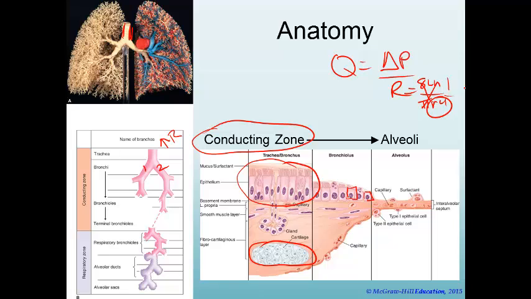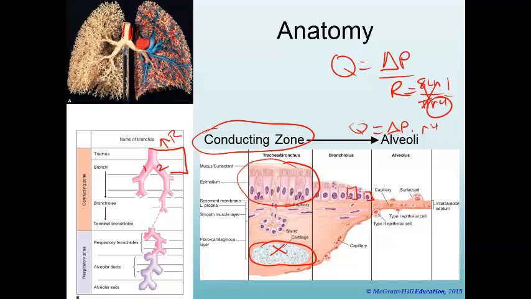So 1 over r to the 4th, so we can say, for our purposes, Q equals pressure gradient times radius to the 4th power. The conducting zone, because it has C-shaped cartilaginous rings, does not dilate or constrict. So the resistance is fixed.